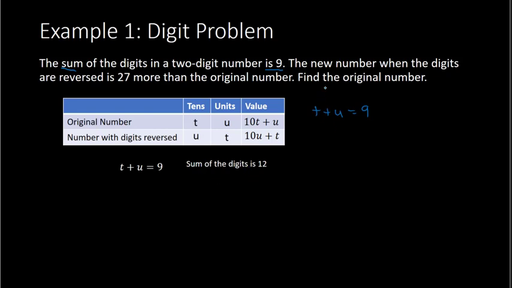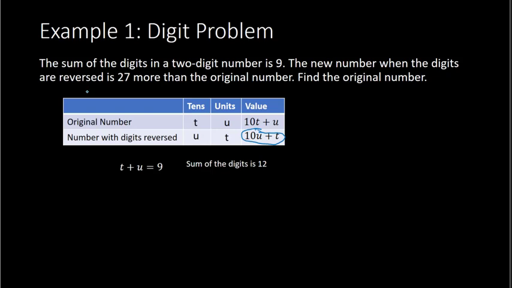Okay, next we know that the new number, when the digits are reversed, is 27 more than the original number. This one is a little more difficult to create an equation from. But if we just break it down piece by piece, it says the new number when the digits are reversed. Looking at that phrase, that's going to be right here: the 10u plus t. We're looking here because it's talking about the value.